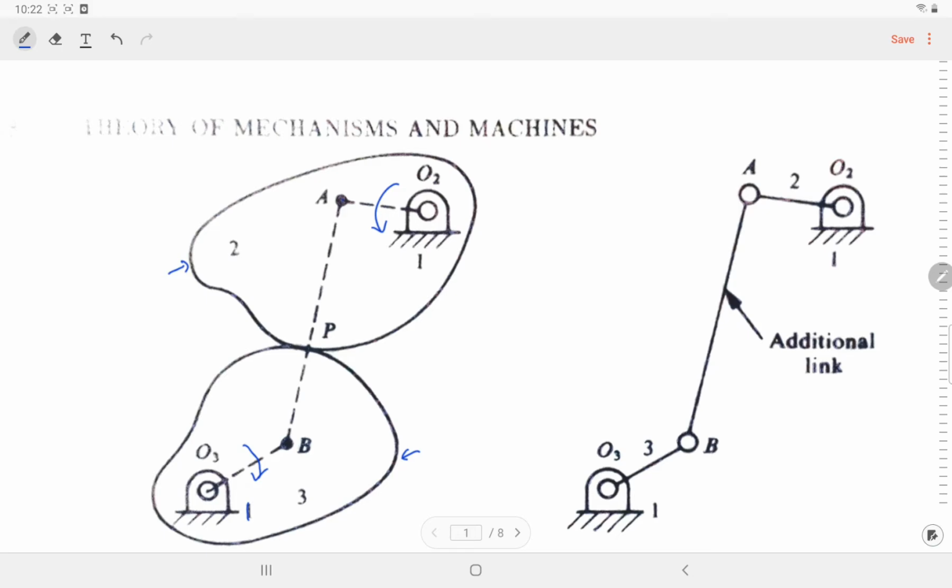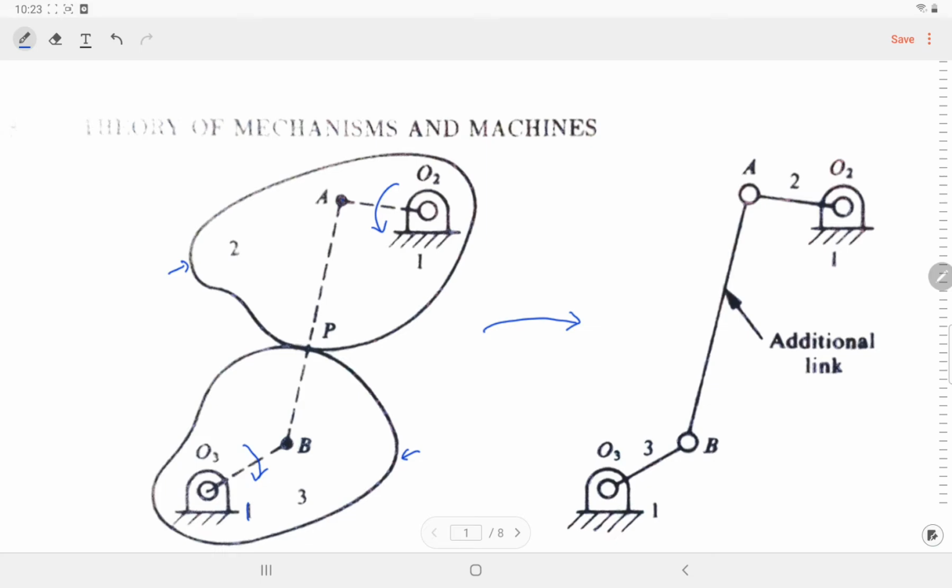Now link 2 and link 3 are connected using a higher pair mechanism. Now this can be replaced by an equivalent lower pair mechanism like this.